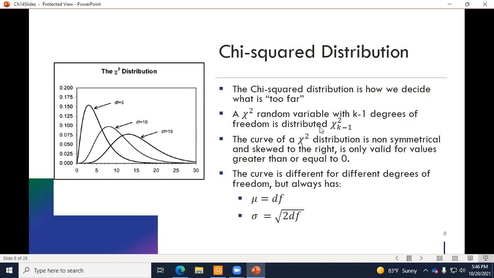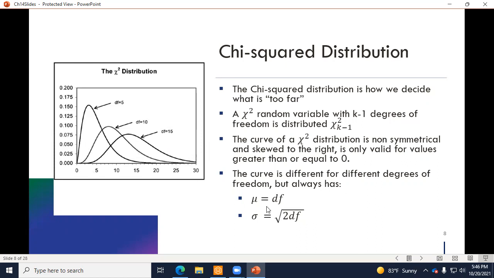And remember the degree of freedom is k minus 1, where k is the number of categories you have. The curve is non-symmetric. It's skewed to the right because it has a longer, heavier right tail, always greater than or equal to 0.